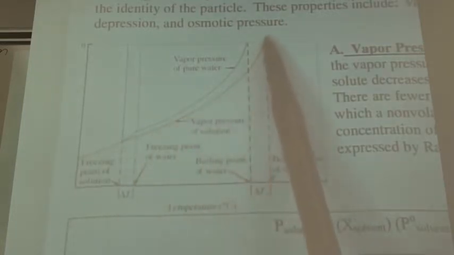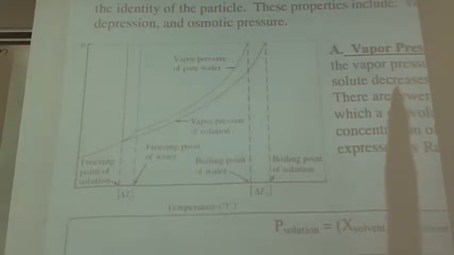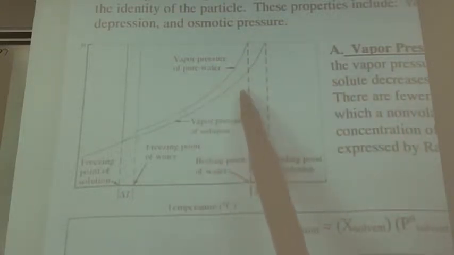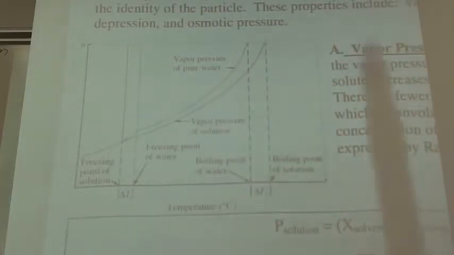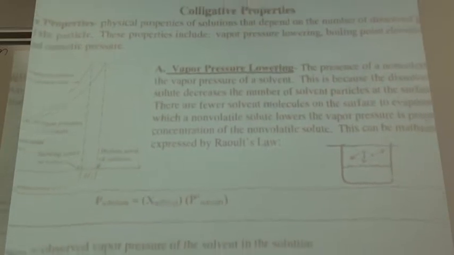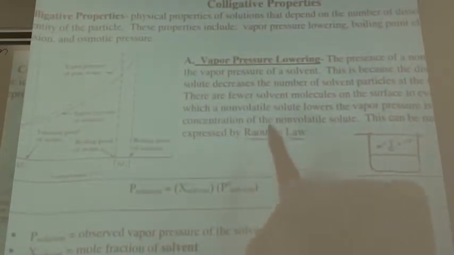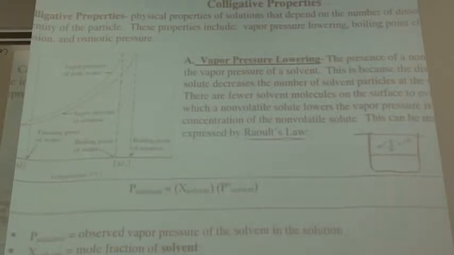Now, the solution vapor pressure, remember a solution would be the non-volatile solute plus a solvent, always has a lower vapor pressure. This is expressed mathematically using Raoult's law. Raoult is a French guy we looked up, and he is from the northern part of France. I thought he was Spanish.